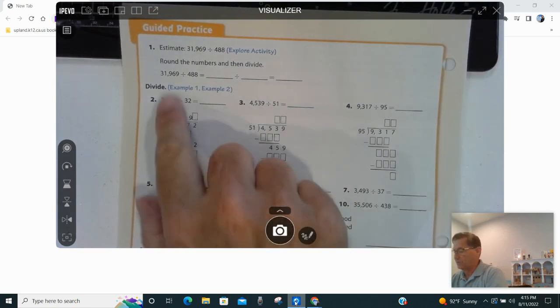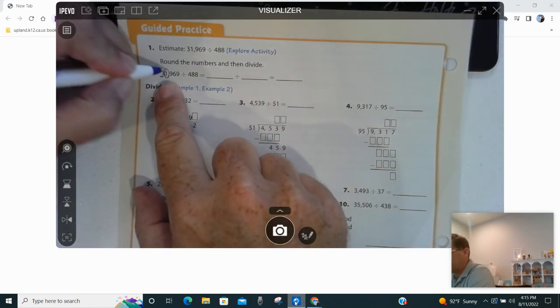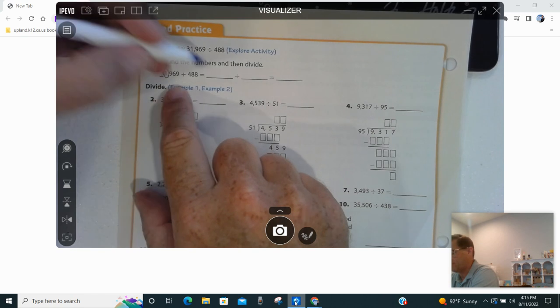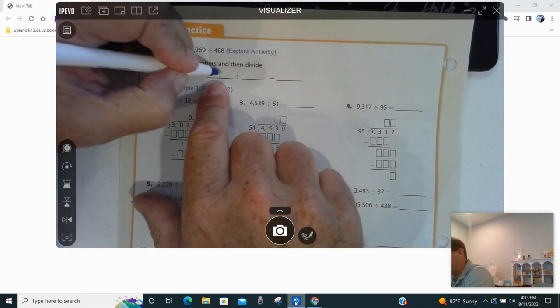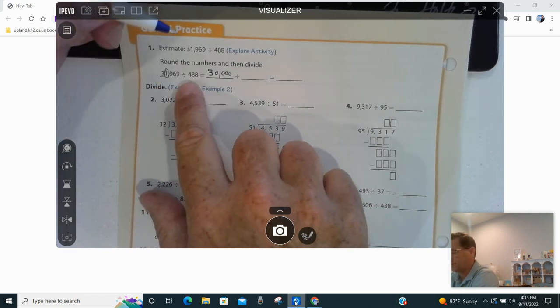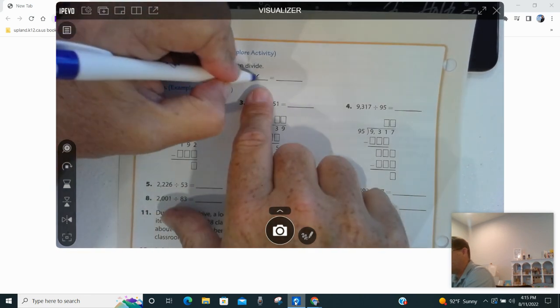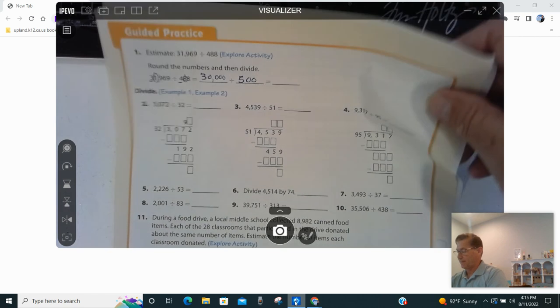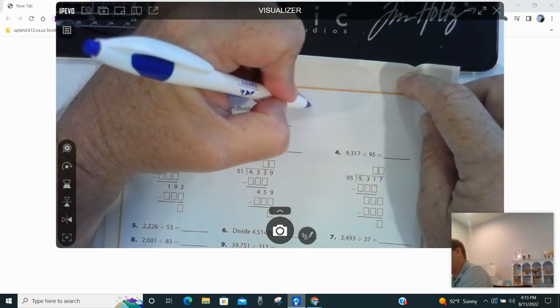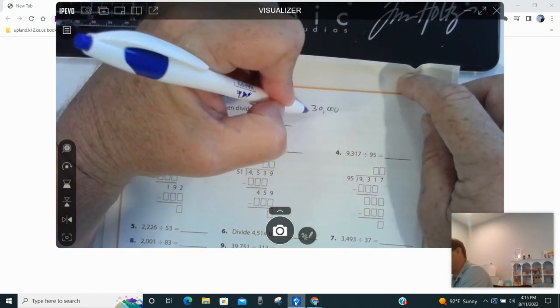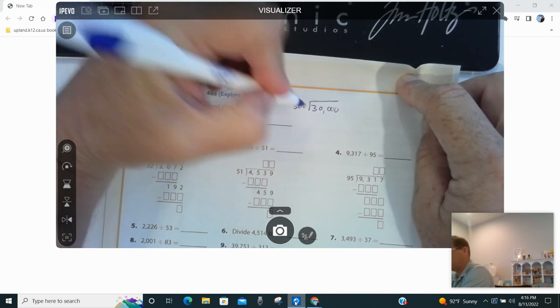So 31,000, the 3 is in the 10,000s, 1 is less than 5, so let's round down. So we have 30,000. 488, we'll round up to 500. So we have 30,000 divided by 500.